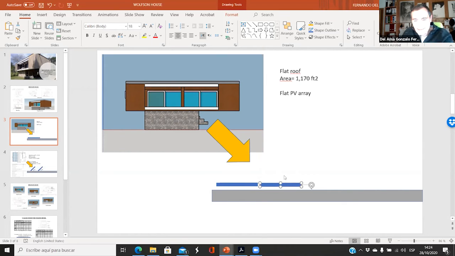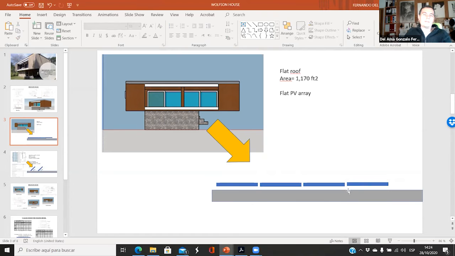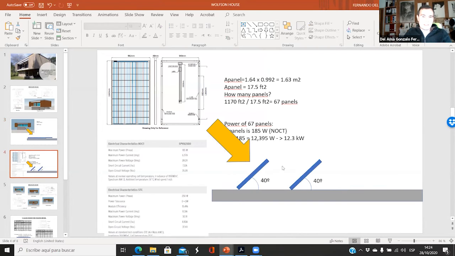We always need a minimum distance between one panel and another one. Okay, but it can be something like that. If it's a flat roof and we need an open rack option, probably we will gain efficiency, but we will lose PV panels. So depending on the angle, how many rows do we have here?